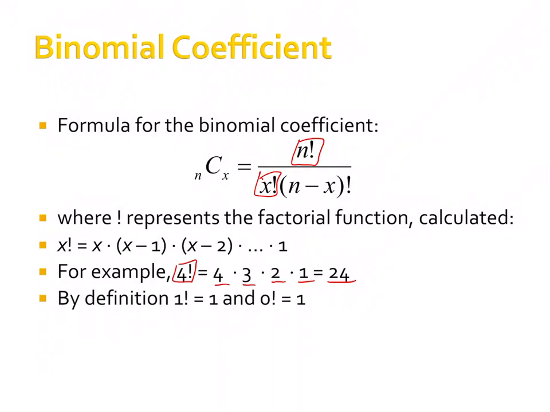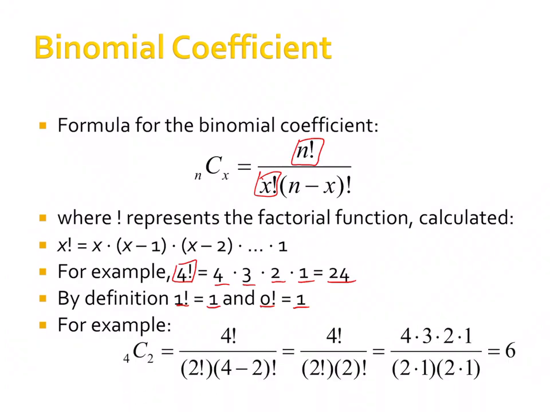By definition, 1 factorial is 1, and 0 factorial is also equal to 1. If that is confusing you, I recommend going on Google and looking up videos about why this is so. But just know the definition: 1 factorial is 1 and 0 factorial is also 1, which you have probably learned previously.